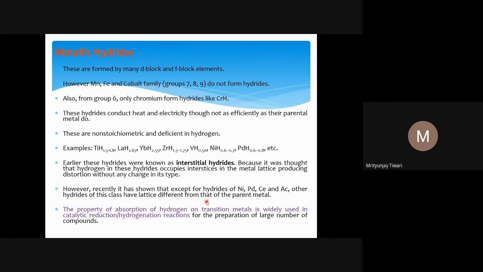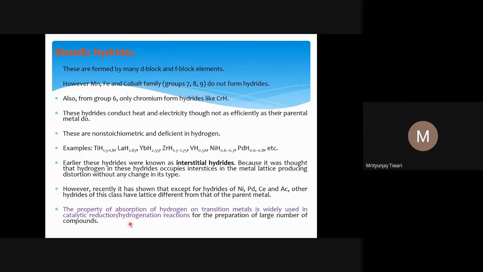Nowadays it has been realized that for many metals the lattice is much different from the lattice of the actual metal. So people now believe that this is actually a chemical compound, a different kind of hydride of these metals. It is not that hydrogen is just being absorbed and sitting at the interstices.